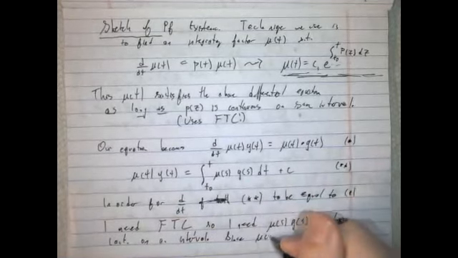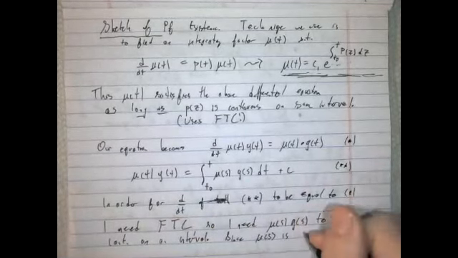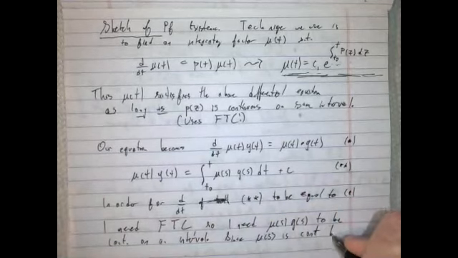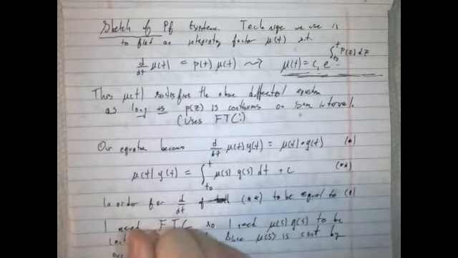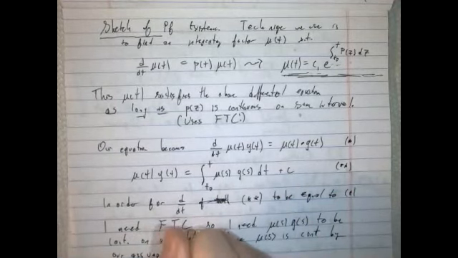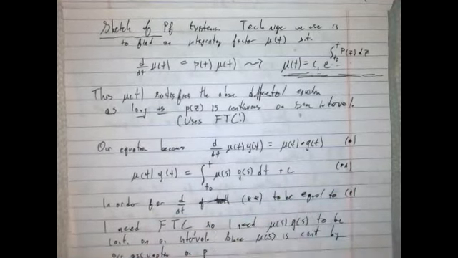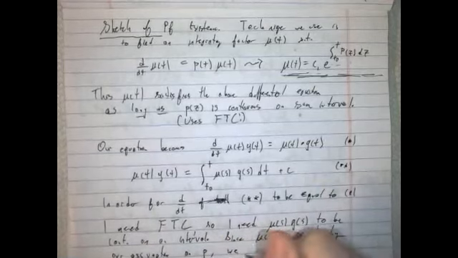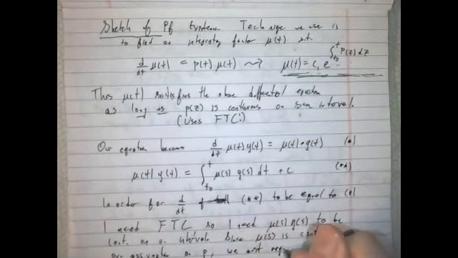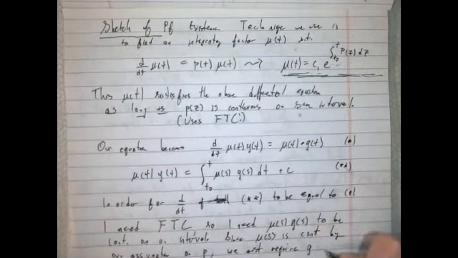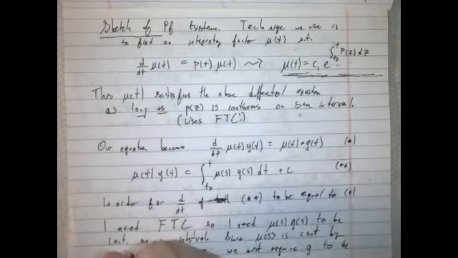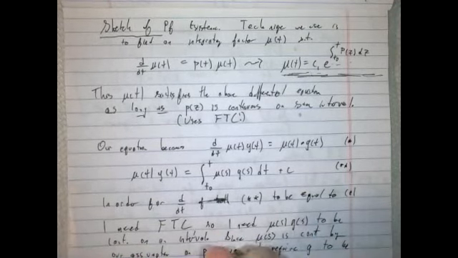Since mu of s is continuous by our assumption on P, we must require g to be continuous on an interval containing t0.